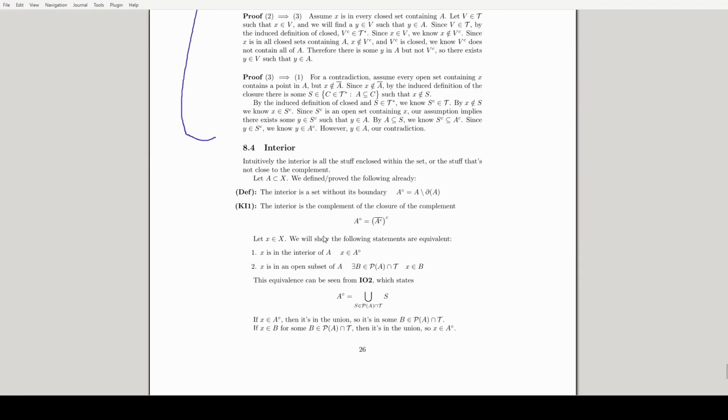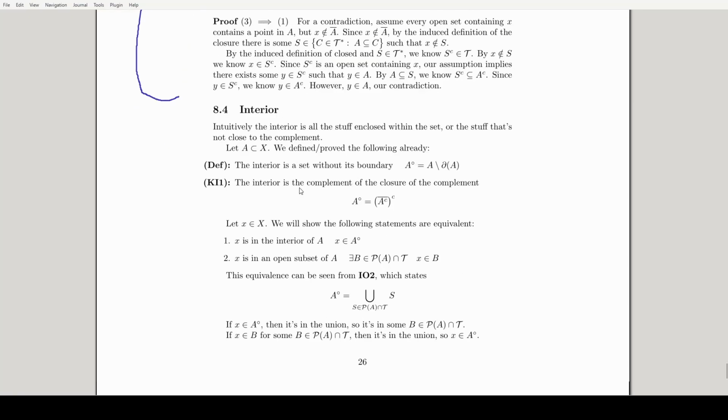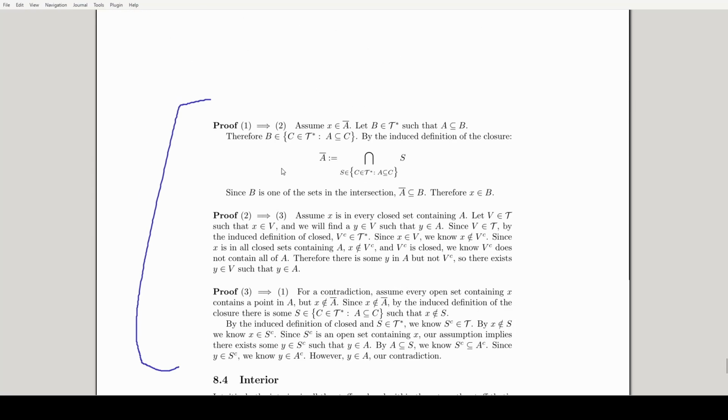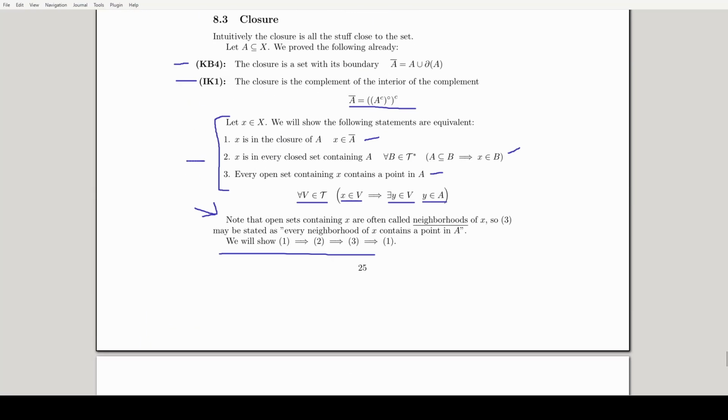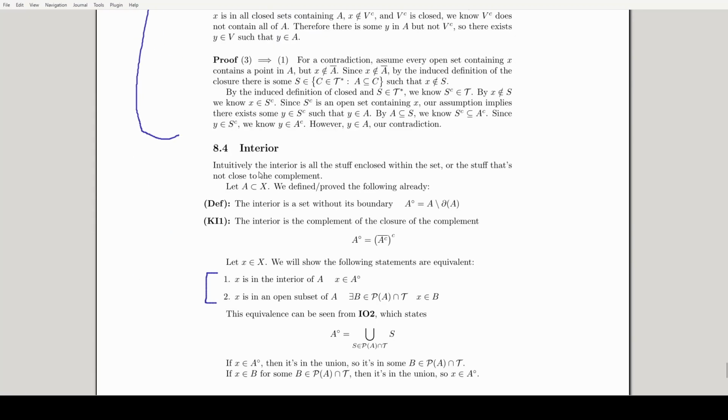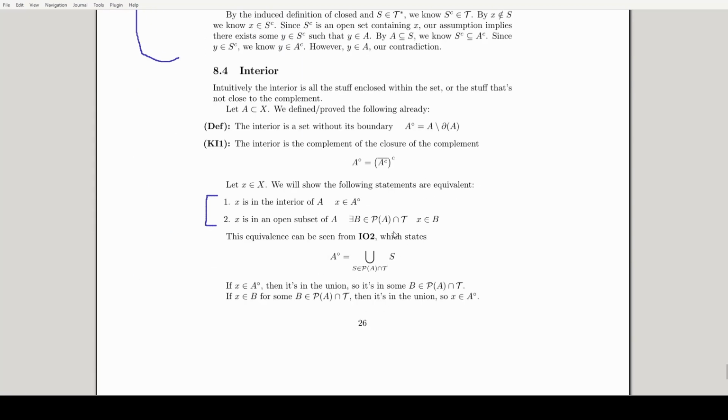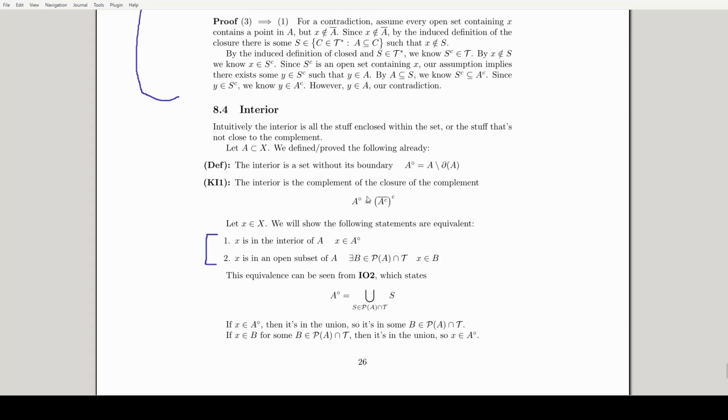Okay. And then the interior, similarly, you see there's only two equivalent definitions instead of the three for the closure. I don't know if there's a third one that I'm missing for the interior that makes any sense, but this is what I've found. The interior is what happens if you remove the boundary, and the interior is the complement of the closure of the complement.